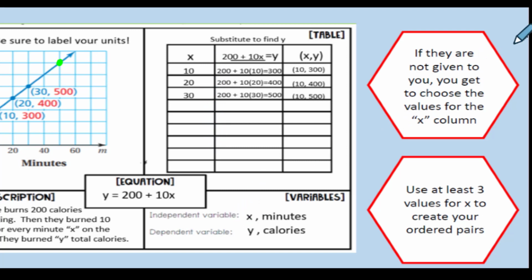Choose values that are easy to work with, that will get you the data that you need in order to graph. You should use at least 3 values for x to create your ordered pairs, because if you make a mistake, you'll be able to see that with the trend of your line.